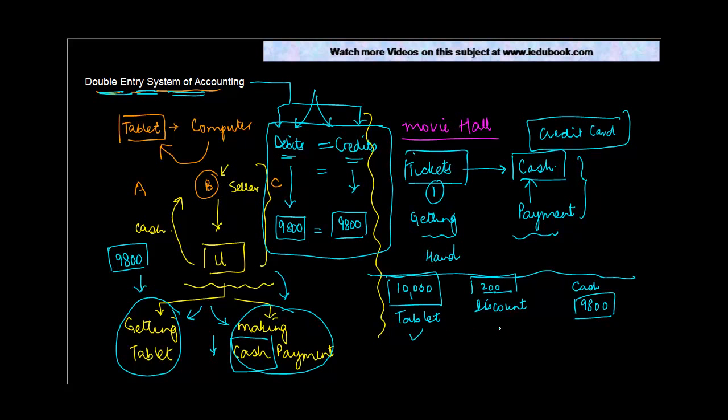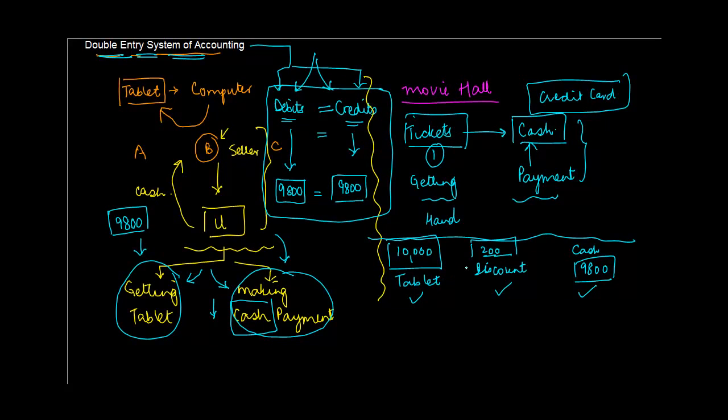One is the asset, second is the discount that you get, and third is the cash. Now there are two ways to account for this. You can either say, okay, the tablet's MRP was 10,000, but I got it for 10,000 minus 200, or 9,800. So I will debit it by this number only.